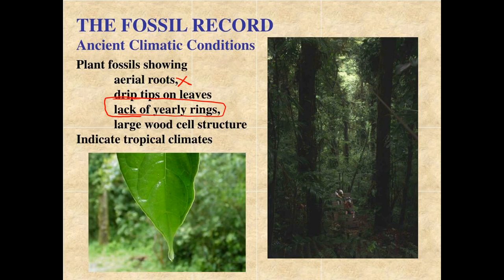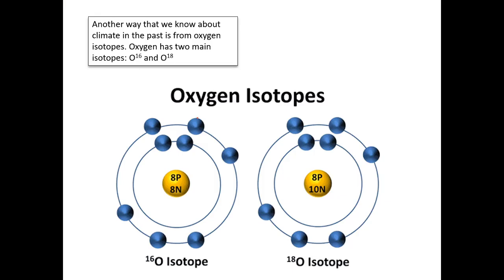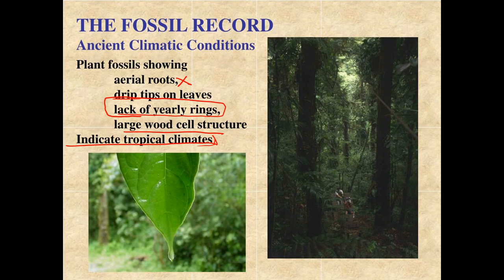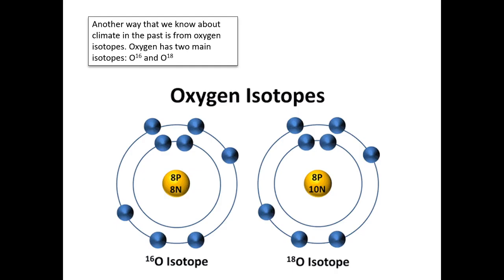If there's very little seasonal variation in temperatures or growing conditions, you don't get those rings. The wood cell structure, all these things indicate rather tropical environments. So if we find tropical plants growing in what's now modern day Michigan, that's an indication that there were some big changes in climate over the period of the Cenozoic.